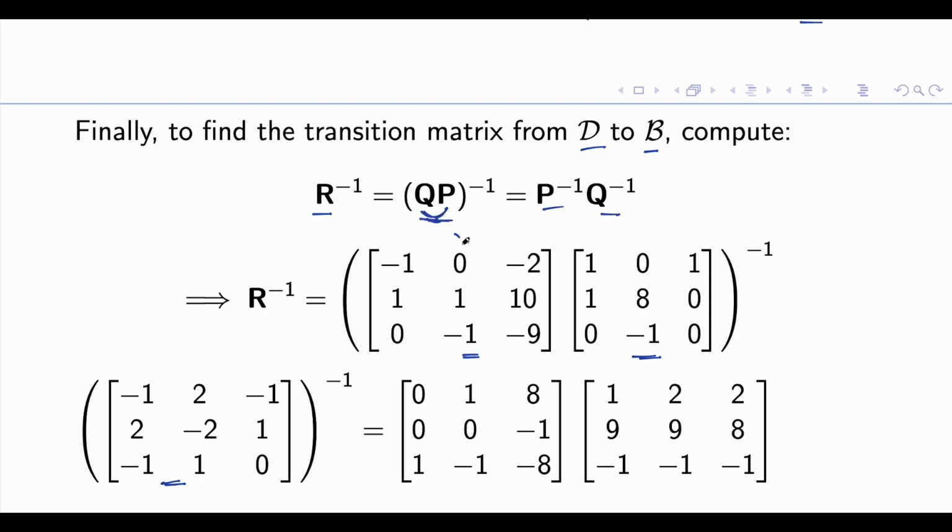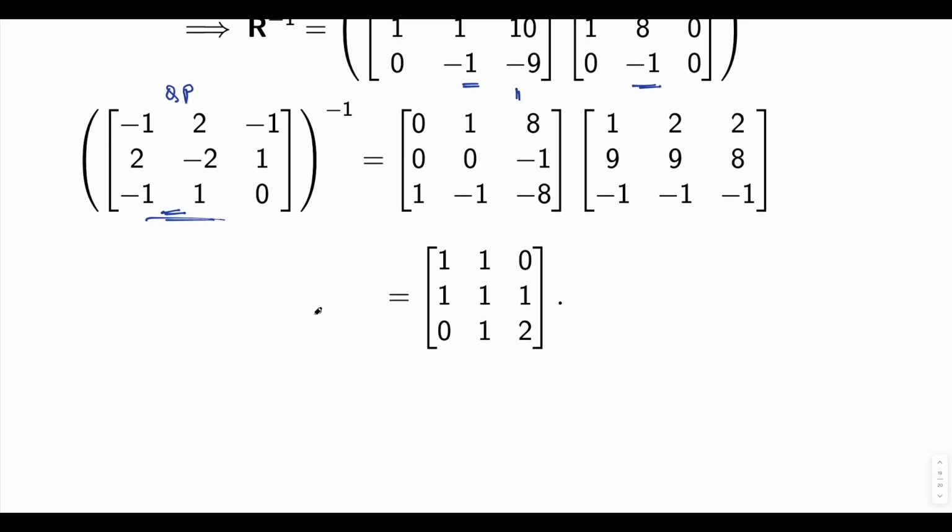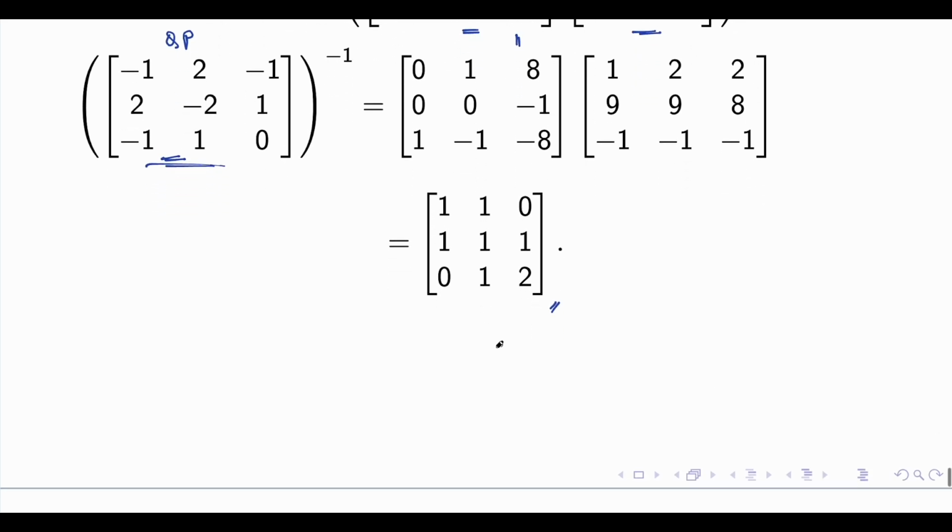So Q is this, P is this, whole inverse is nothing but QP. This is QP basically, and if you see, this is Q inverse and this is P inverse, like that you can find, and that is the same as R inverse, right? So this is all, your problem is done.